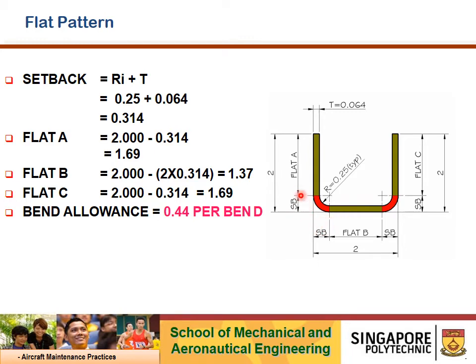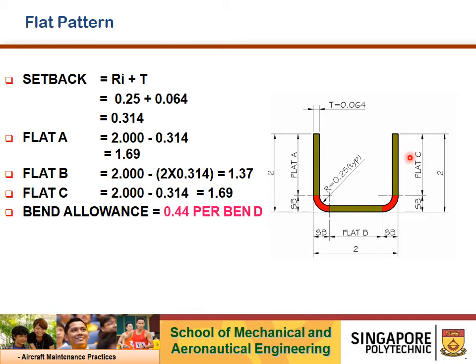So how do I calculate my flat A? In order to get the distance of flat A, I know my overall distance is 2, so I minus away my setback, and I will get my flat A measurement. So 2 minus 0.314 is 1.69 inch. My flat A and flat C share the same value.